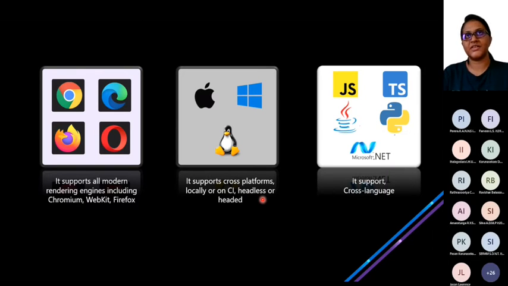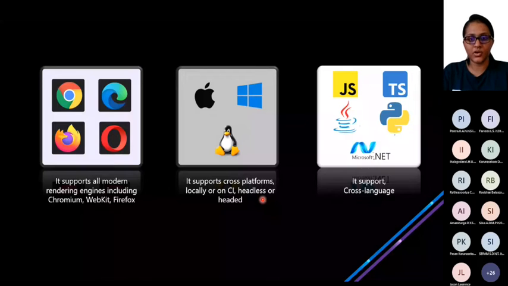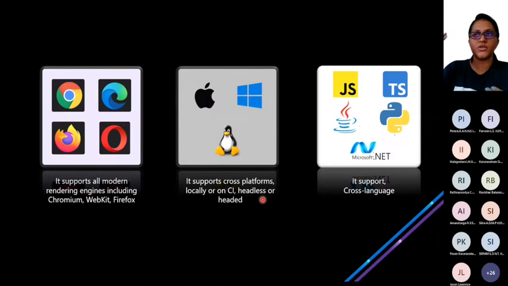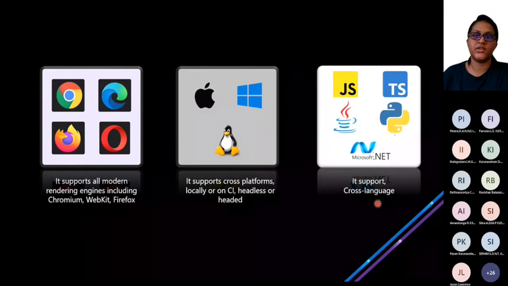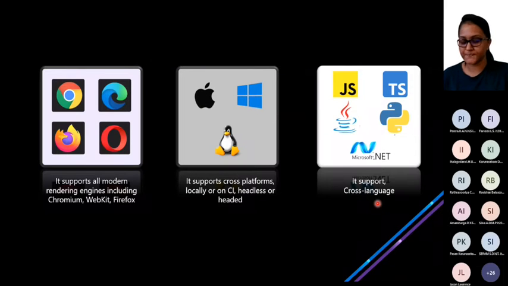But let's take the same example, like you want to go to Spotify, select a song, play the song, those kinds of things. If you want to run the code and at the same time see what's happening in the browser, that's what we call headed. I'll show you everything. Okay. Then it supports cross language like JavaScript, TypeScript, Java, Python, .NET.